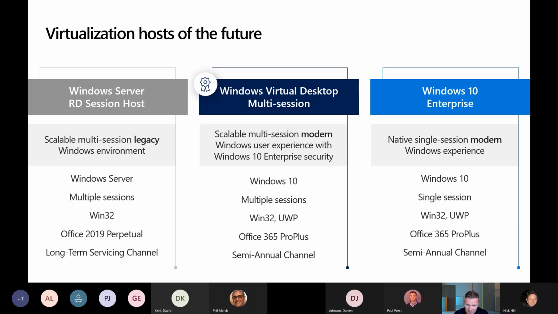So it's the multiple sessions, it supports every app out there in terms of Win32 and the apps from the Microsoft Store. It's Office 365 Pro Plus. It's in our semi-annual channel as well, as you would imagine. So effectively what that means is you've got an evergreen version of Windows 10 with an evergreen version of Office 365 on there, being delivered and orchestrated by an evergreen control plane. Hence why we like to think of this as being the best of both worlds.